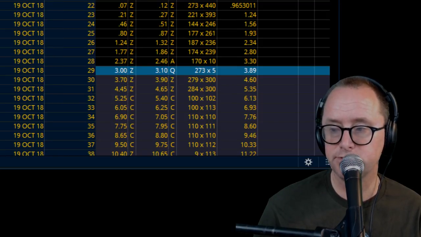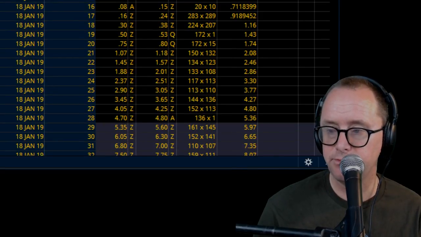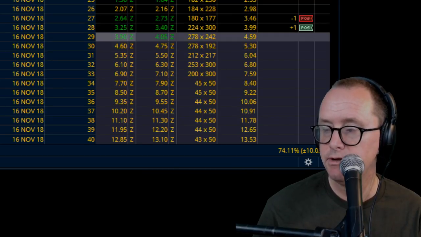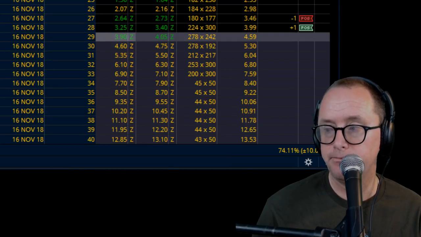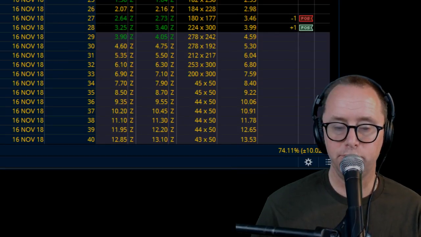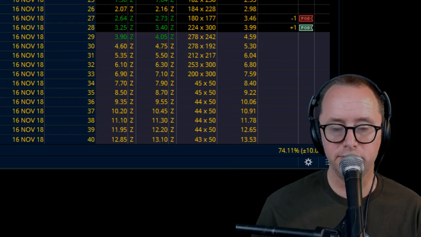If VXX goes way lower in the next couple days, then this spread will increase in value. For example, if VXX goes to like 25, this spread will increase in value almost to $4.